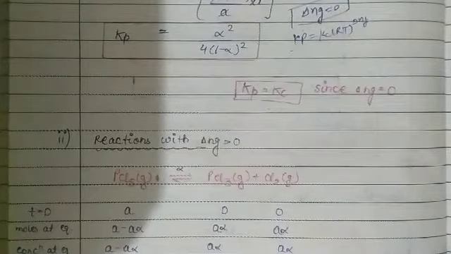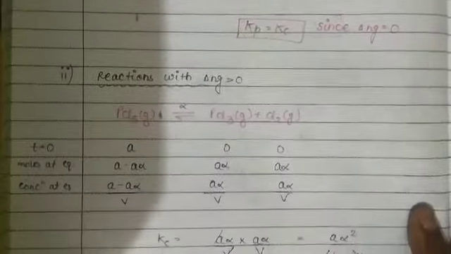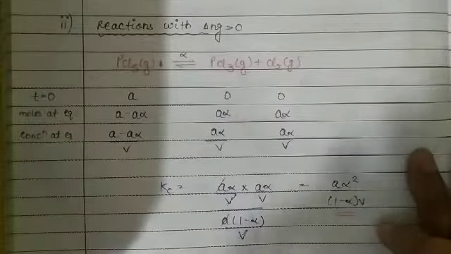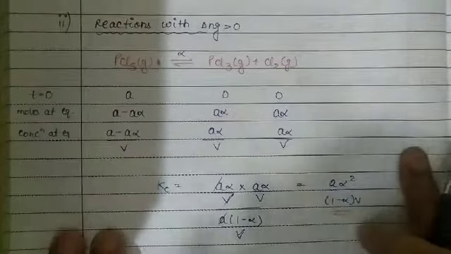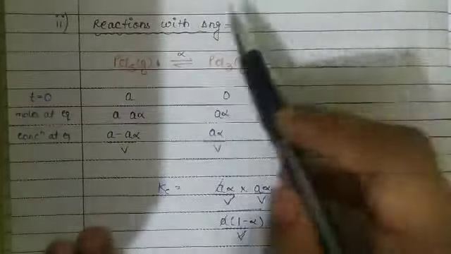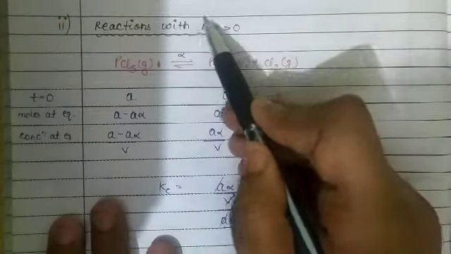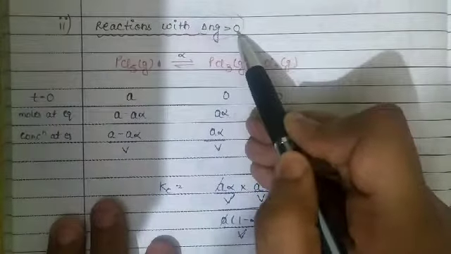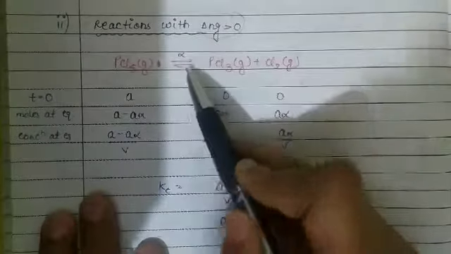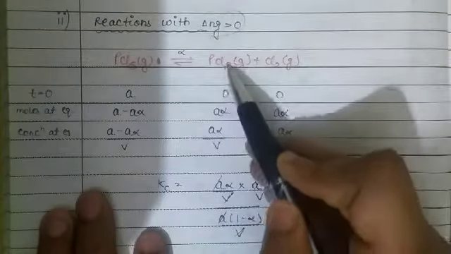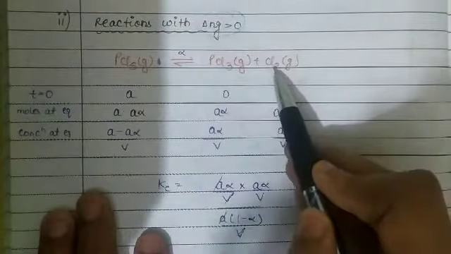See the next question based on degree of dissociation. Now we are going to solve another question, in which the reaction has delta Ng more than 0. PCl5 has degree of dissociation alpha and dissociates into PCl3 and Cl2.